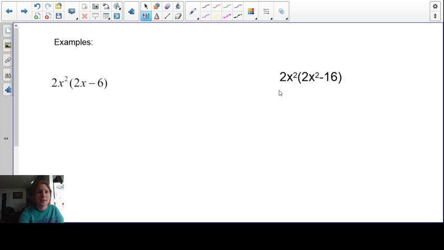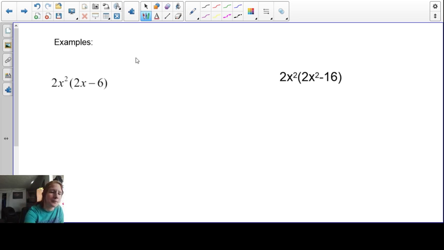First step is we need to take the derivative of this function. I could use the product rule with the first one, but that's going to make my life harder. I would like to just multiply in the 2x squared and then use the difference rule.